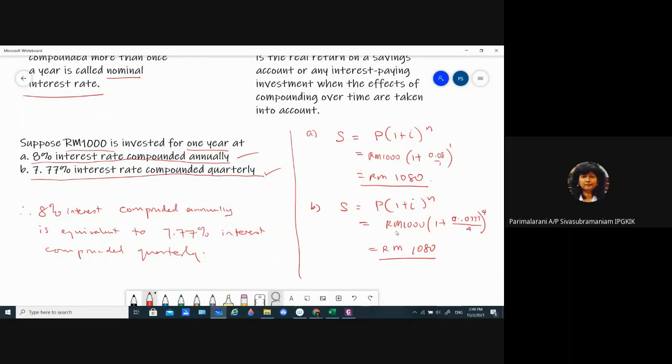But if you look at how many times they calculate, the second one is calculating 4 times a year. The first one, they only calculate once. So now you want to know which will give you more. But when you calculate the accumulated value, you find both of them are exactly the same. So now you can choose. So now you know that this interest rate is the same as this interest rate.